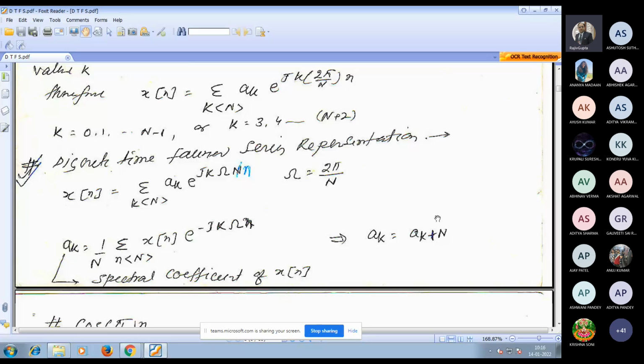And remember one thing: since in discrete time the Fourier coefficients repeat after a time interval, a_k equals a_k plus N. This is the important thing that you must know. That is why only capital N harmonically related complex exponentials are required to represent a discrete time periodic signal. So this is a_k equals a_k plus N.